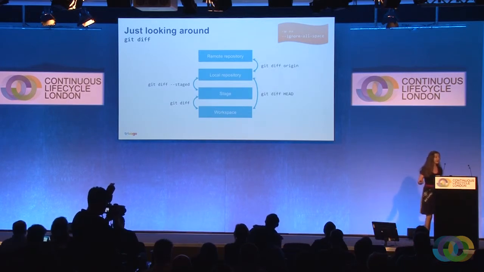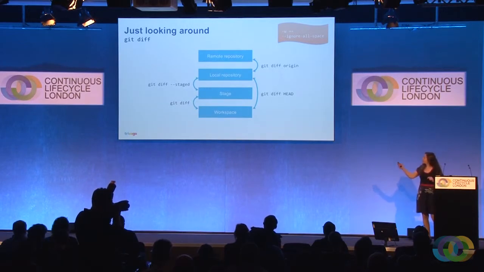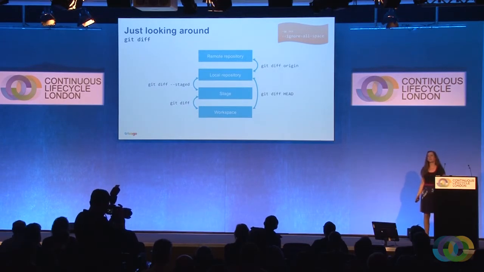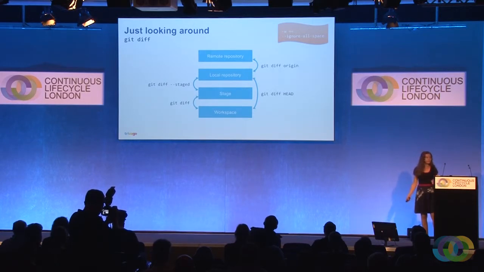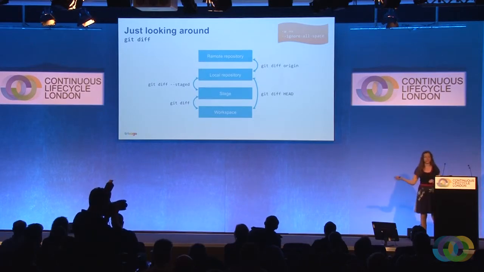Very, very handy. So you use git diff, obviously, to see the difference between the stage and the workspace. I always use git diff --staged to see what I'm actually about to commit. And then there's the git diff HEAD, and we will talk about this HEAD notation a bit more in detail later on.